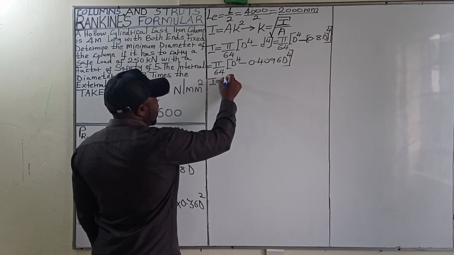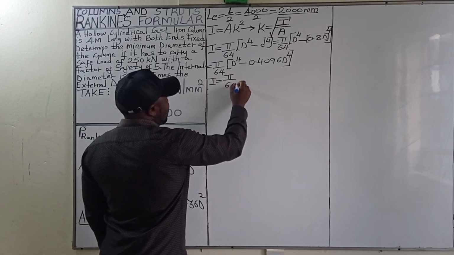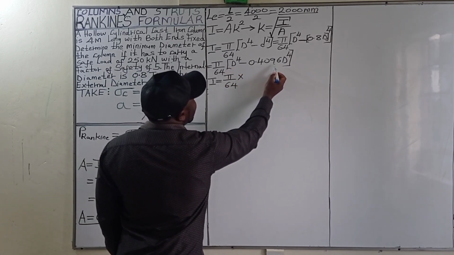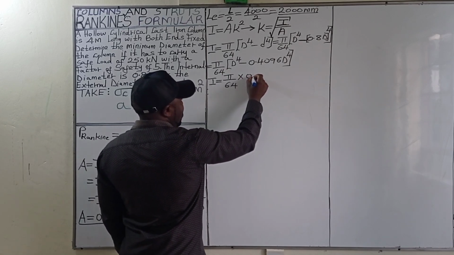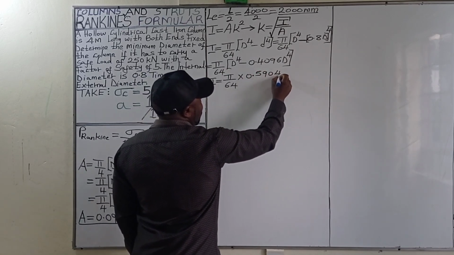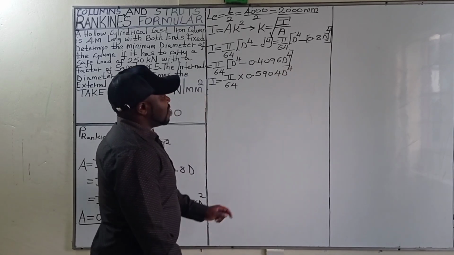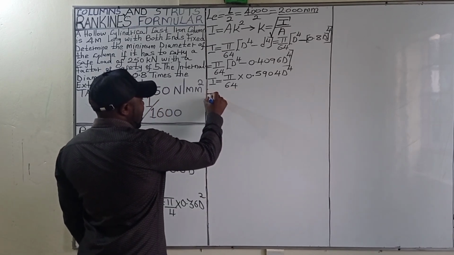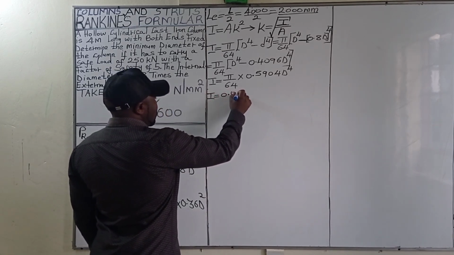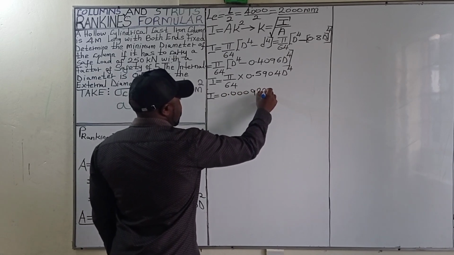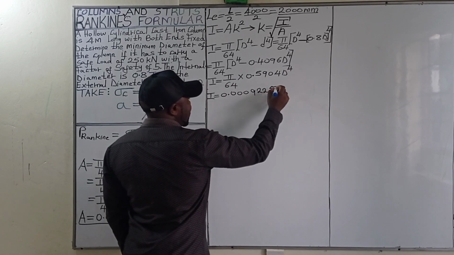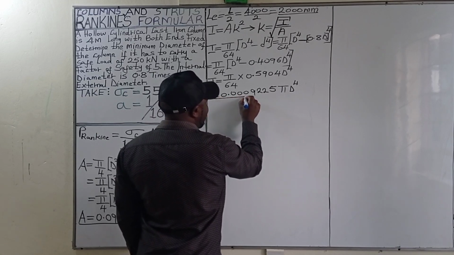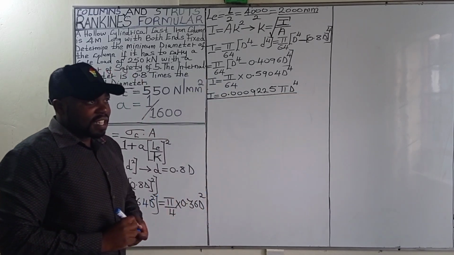The moment of inertia will now be pi over 64 multiplied by 1 minus 0.4096, that is 0.5904 D raised to 4. When you divide 0.5904 by 64, that happens to be 0.0009225. Then we have this pi, and we have D raised to 4. So that is the moment of inertia of this column.